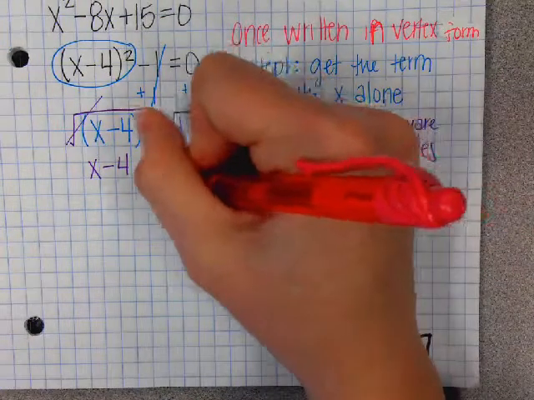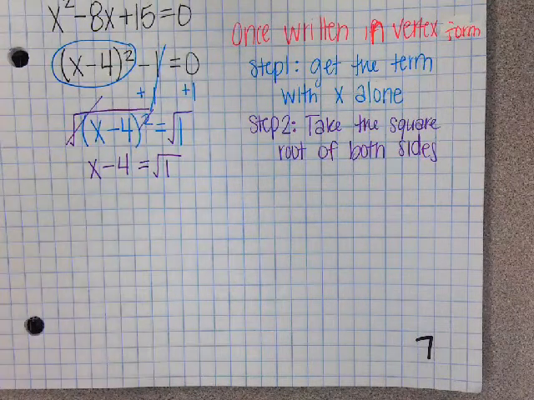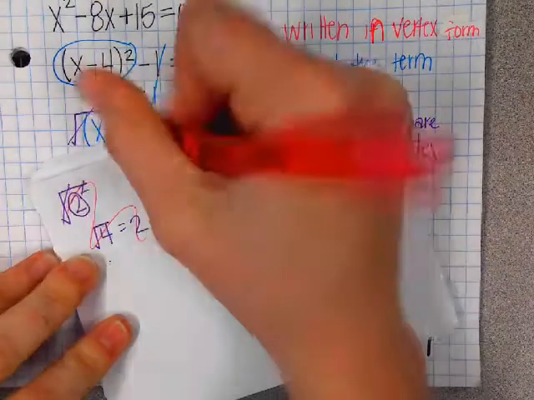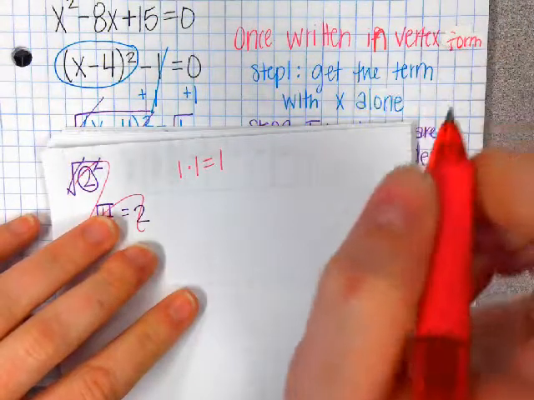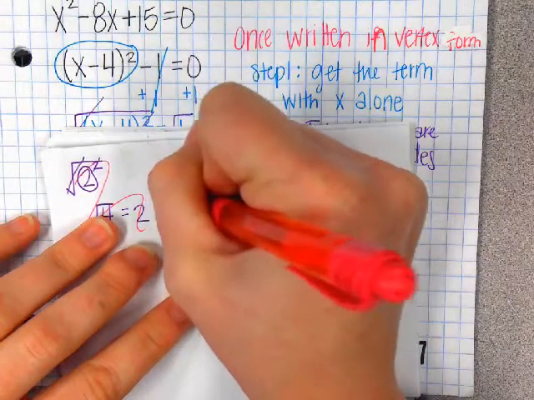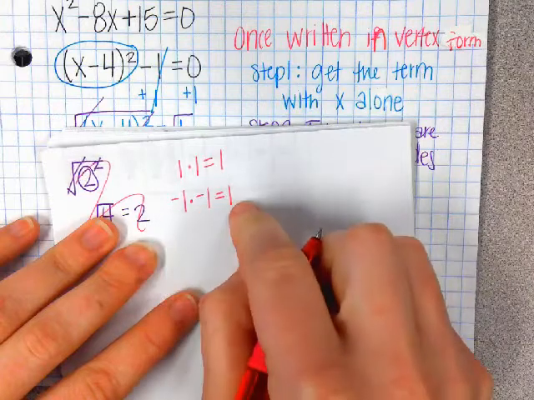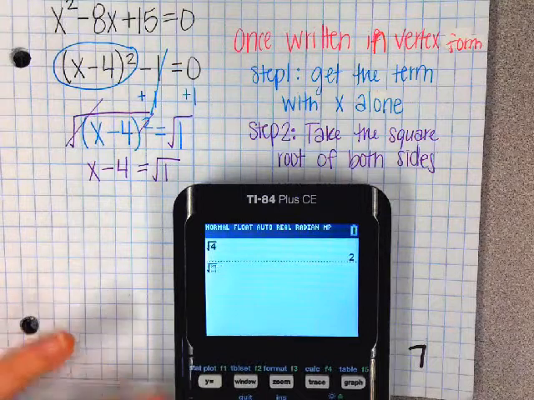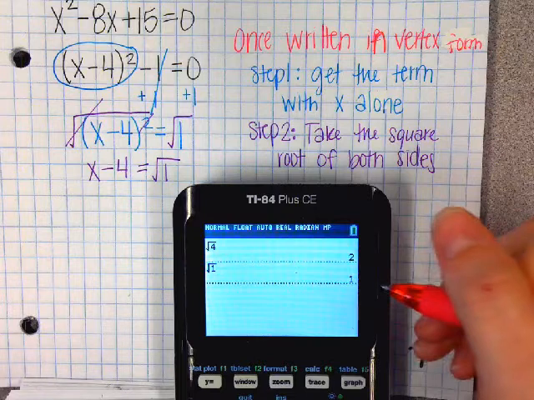All right, so now you're going to take the square root of 1. What number times itself gives you 1? 1 times 1 gives you 1, so the square root of 1 should be 1. But there's one more. You also have negative 1 times negative 1 equals 1. Do you agree a negative times a negative gives you a positive 1? Now, if you type in the square root of 1 on your calculator, it is only going to give you the positive number.